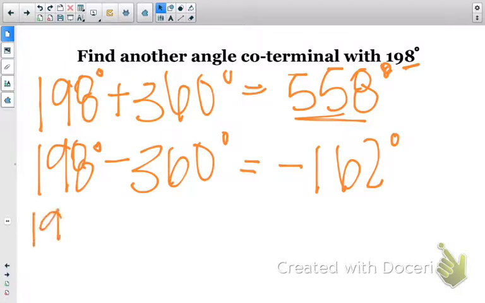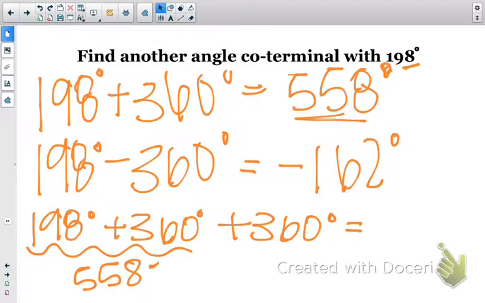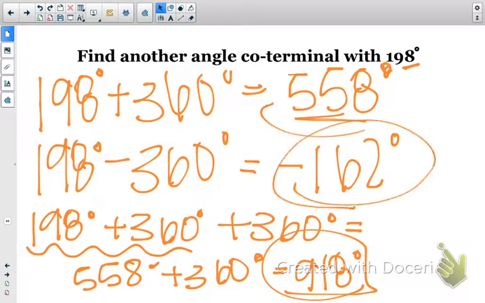So you could go 198 plus 360 plus 360 again. We already know that 198 plus 360 is 558, so it would be 558 plus 360, which gives us 918. All of these angles are coterminal with 198. So what you have to do to find other coterminal angles is just add or subtract 360.